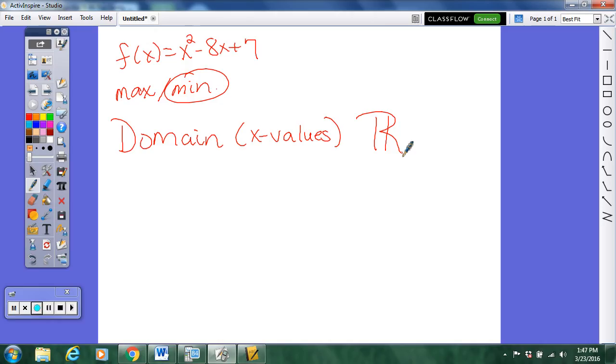We've discussed it over and over. If you don't have this in your notes, you should have it in your notes from where I did this problem. All real numbers. That means every possible number, positive, negative, fractions, decimals, every number is possible on that parabola, every x value.